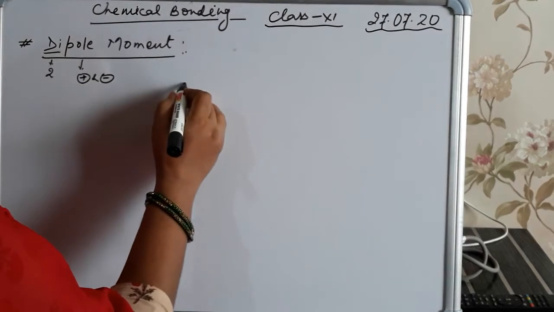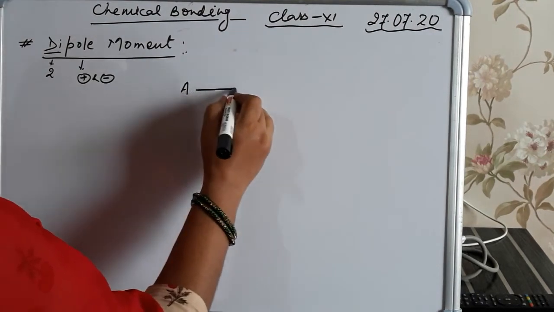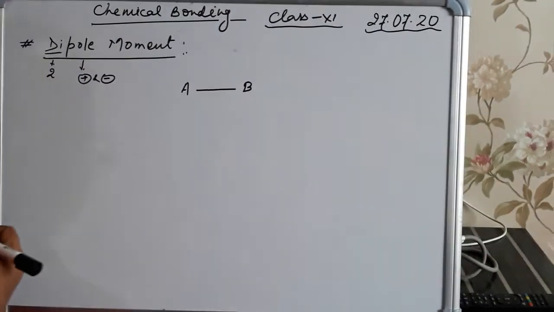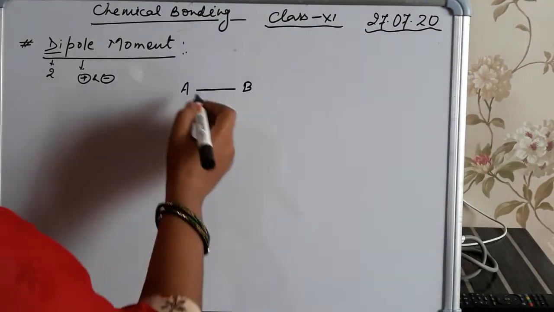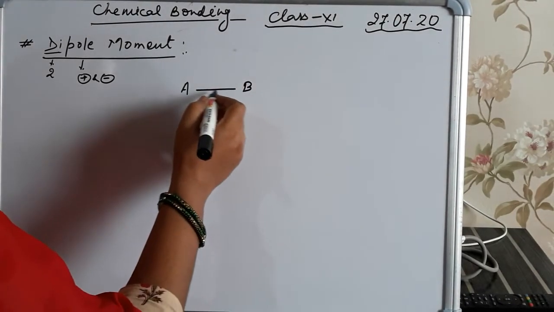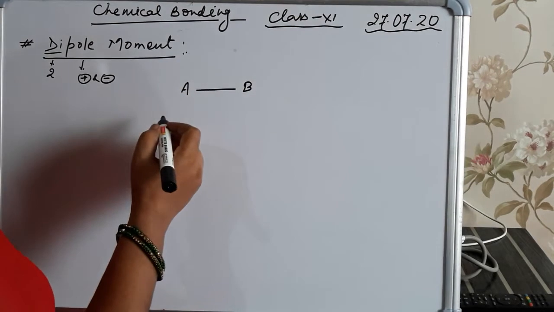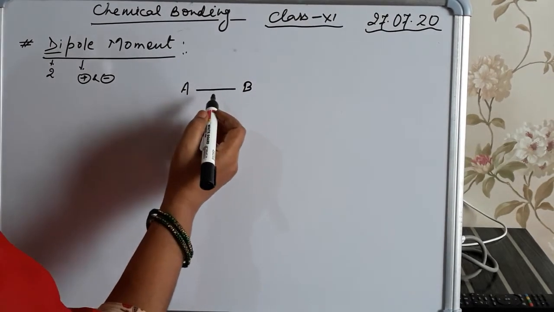Suppose we have a molecule in which an A atom and a B atom are present as a covalent compound, and this molecule is formed by the sharing of a covalent bond.